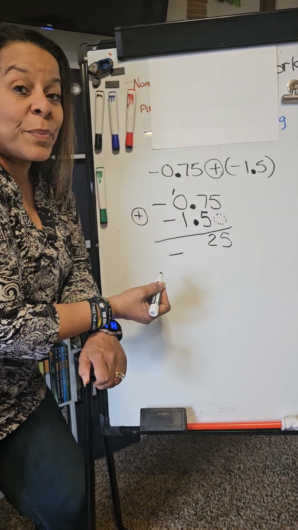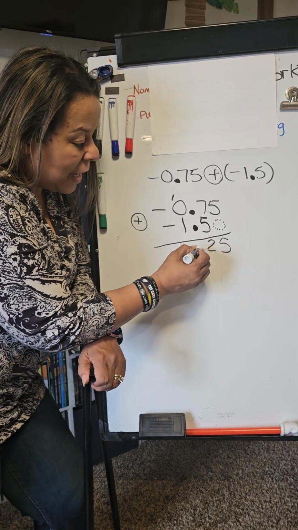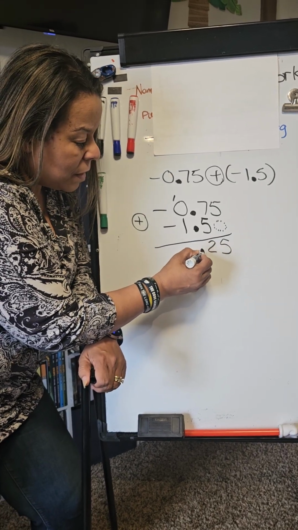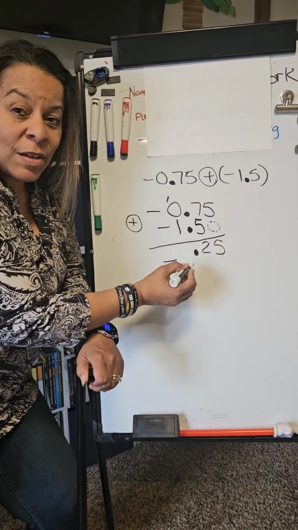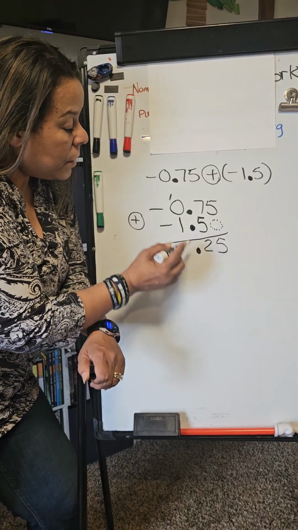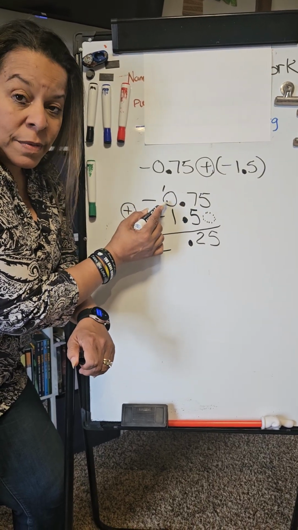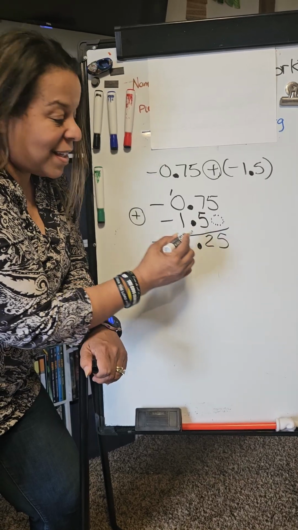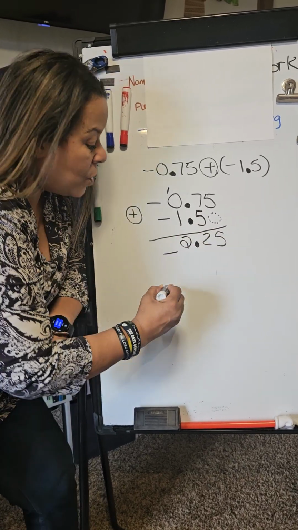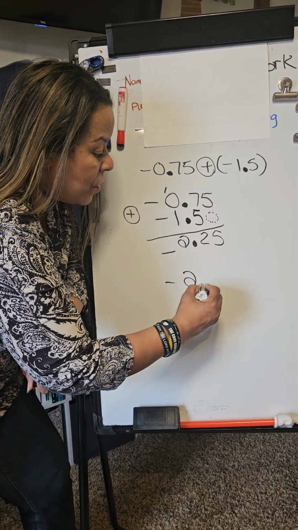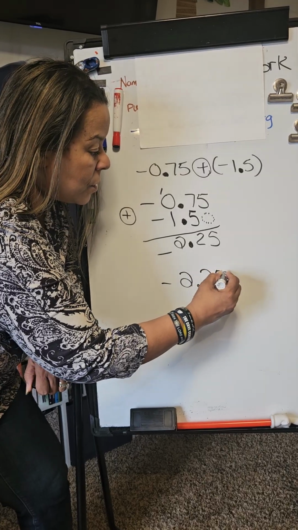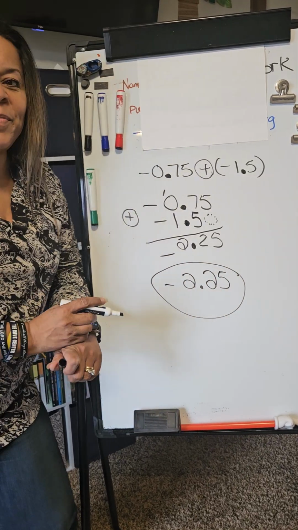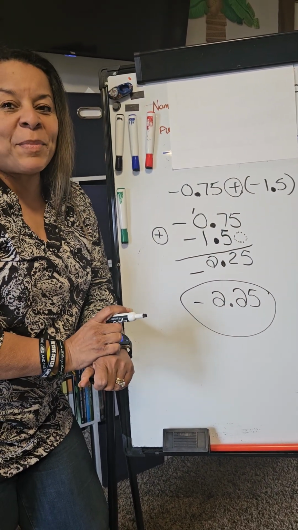Carry the 1. Let's line up our decimals. Our decimals have to stay aligned all the way through. 1 plus 0 is 1. Plus 1 more is 2. So my answer is negative 2.25. And there you go. Example 2 problems.